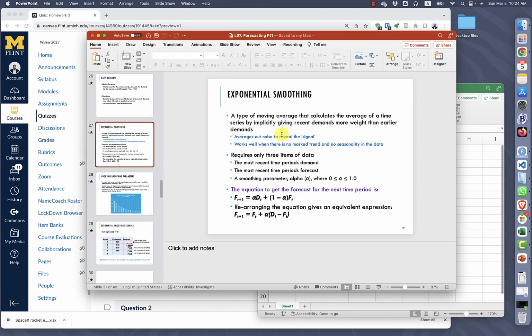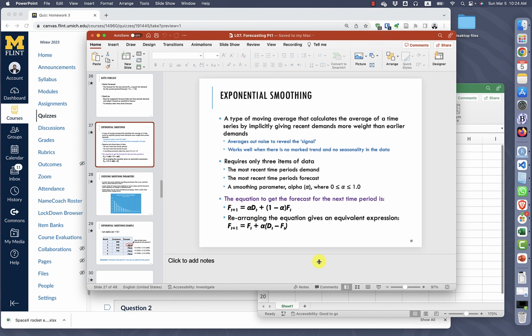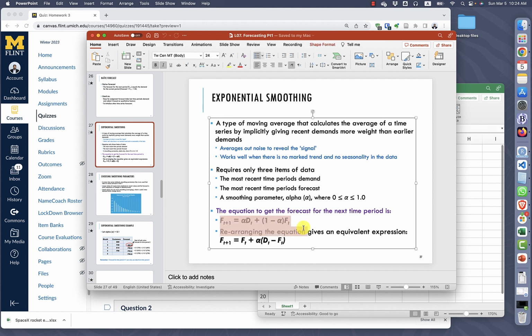If you look at the slides, we can see the formula for exponential smoothing. The formula is given in two forms, or two equations. You can use this formula, and if you rearrange the algebraic terms, you get this formula. You can use whichever one you want.